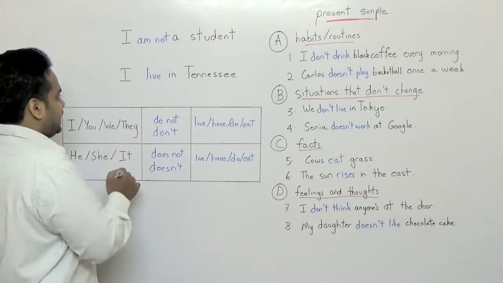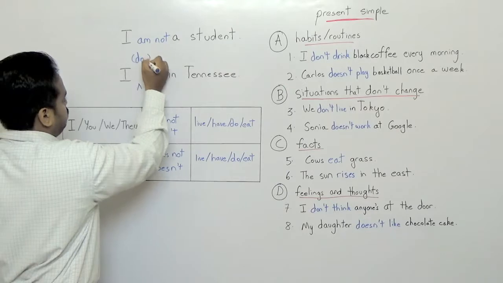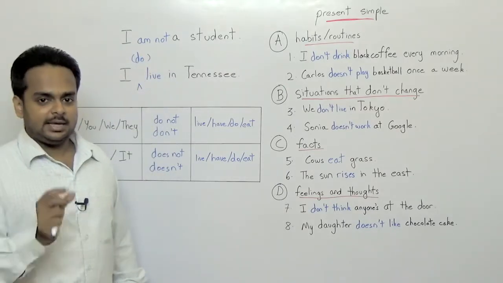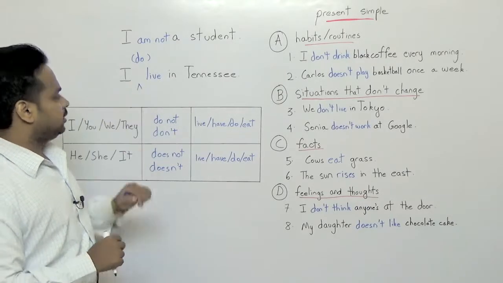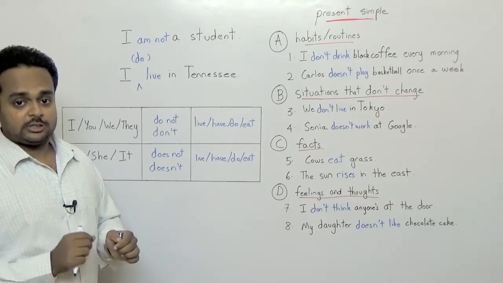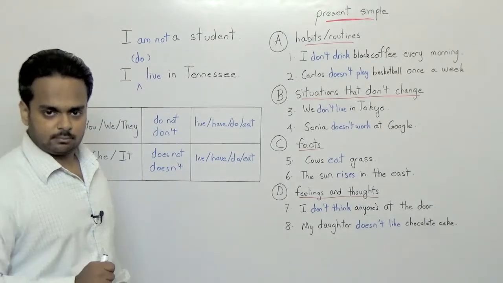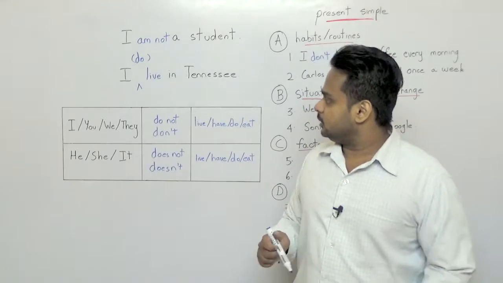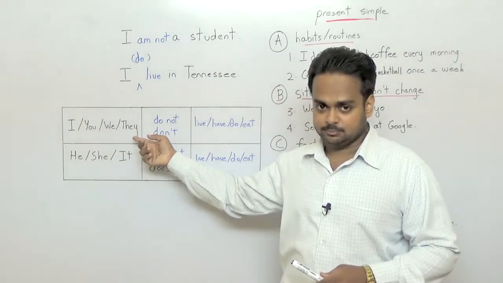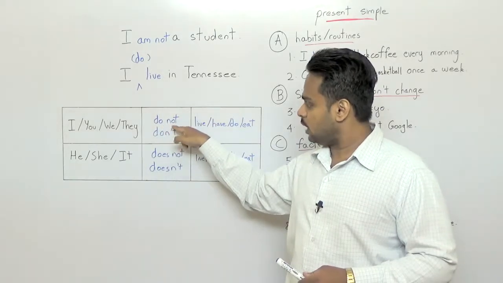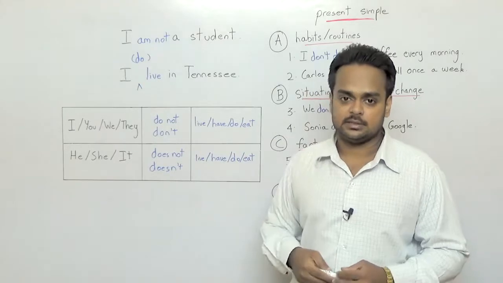Now, in sentences like these, there is a do, and that do is hiding. It's hiding between the subject and the verb. So you have to find that verb and you have to add not. So if the subject of your sentence is I, you, we, or they, you simply add do not before the main verb to make it a negative.